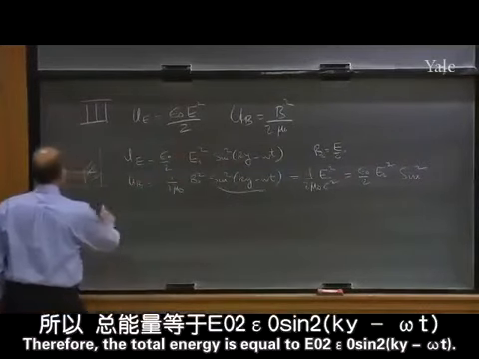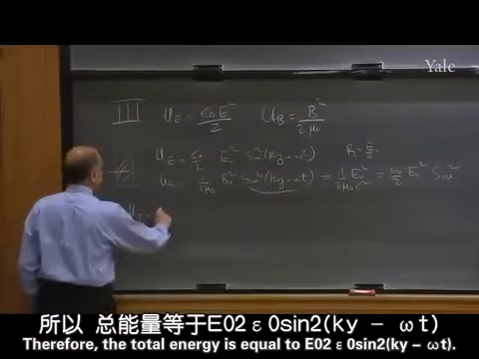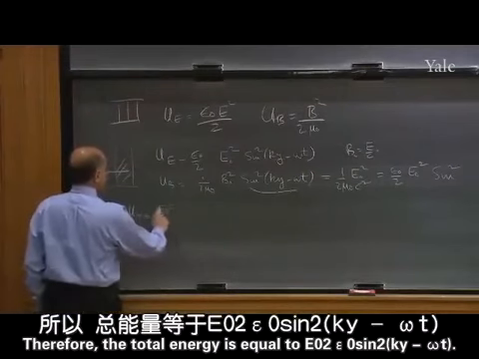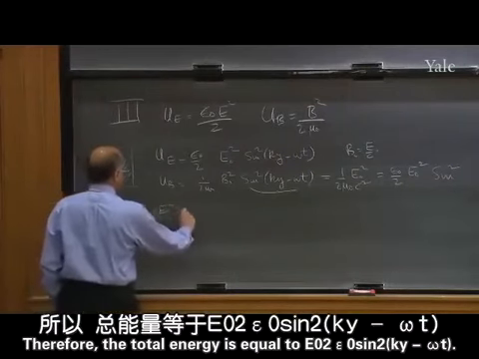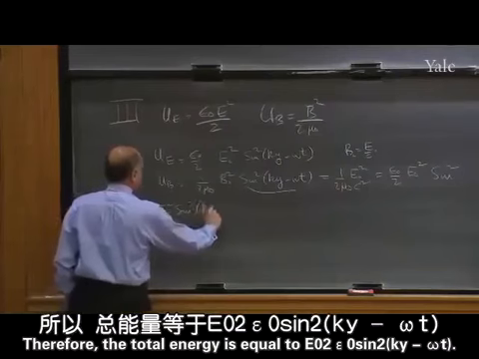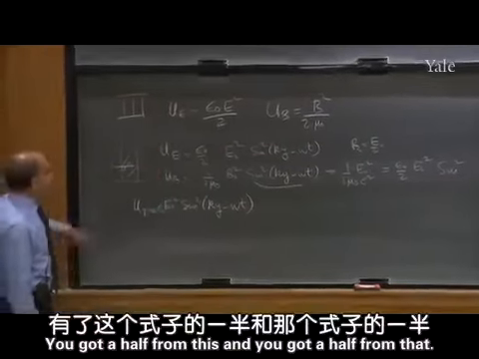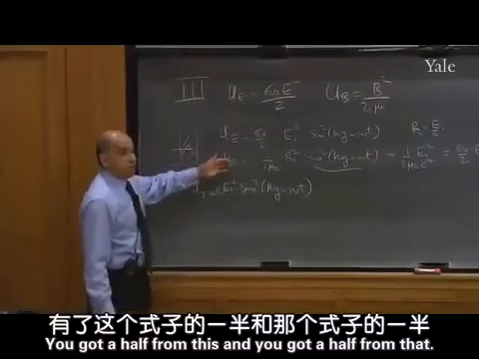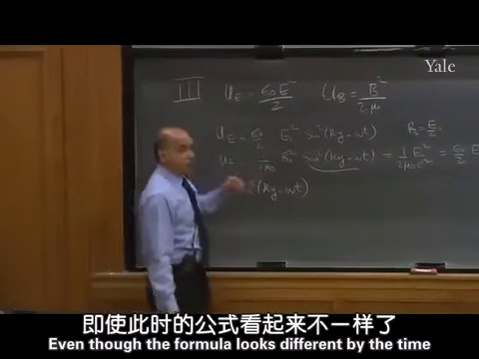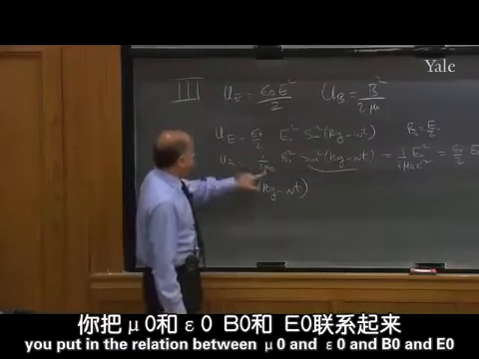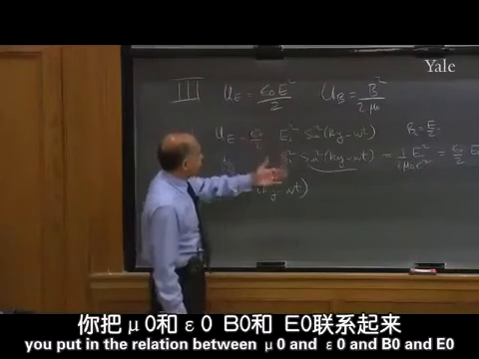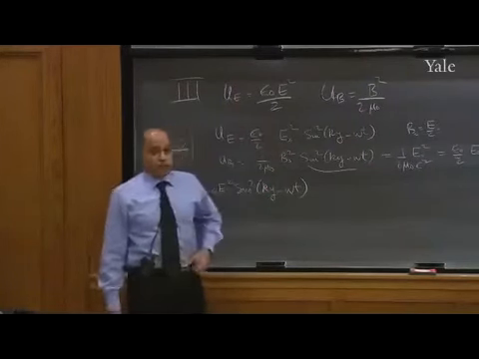Therefore, the total energy density is epsilon 0 E0 squared sine squared of ky minus omega t. You get a half from this, and a half from that. Even though the formula looks different, by the time you put in the relation between mu 0 and epsilon 0 and B0 and E0, it turns out to be equal.